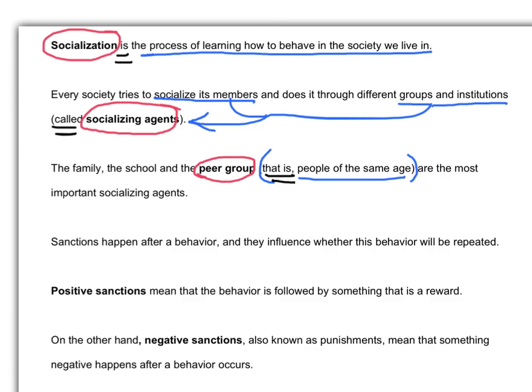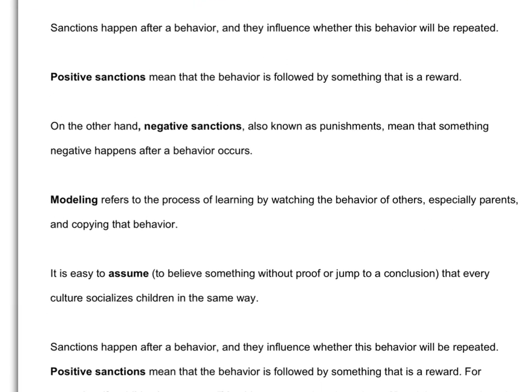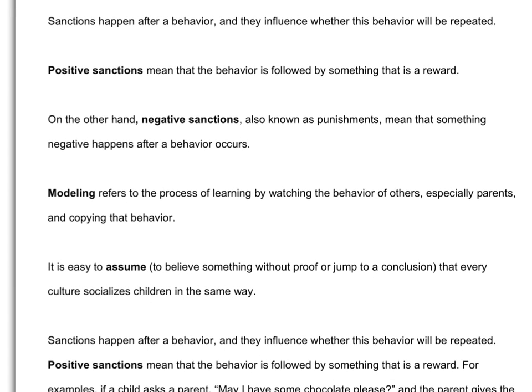Okay, how about the next example? In the next example, we have sanctions happen after a behavior and they influence whether this behavior will be repeated. Here, we're getting a definition of the word sanctions, and it really just jumps right into the definition.